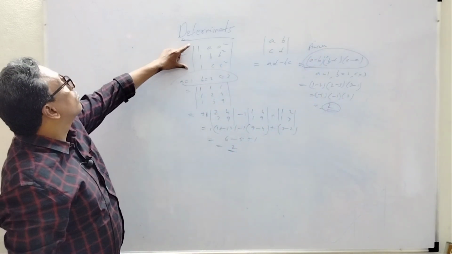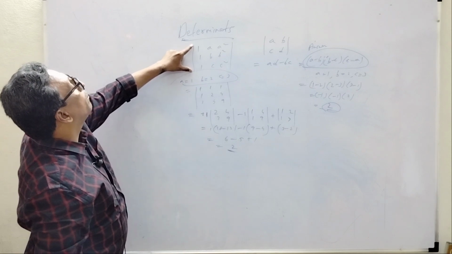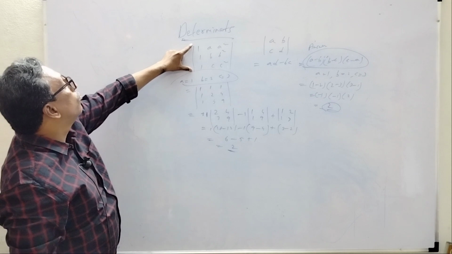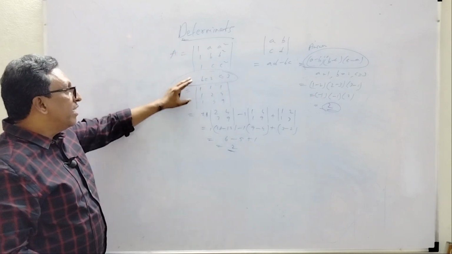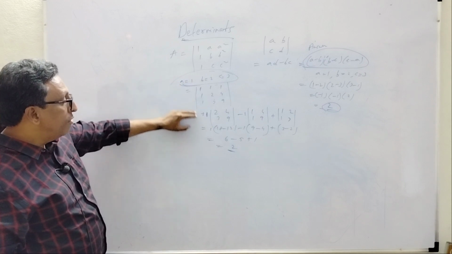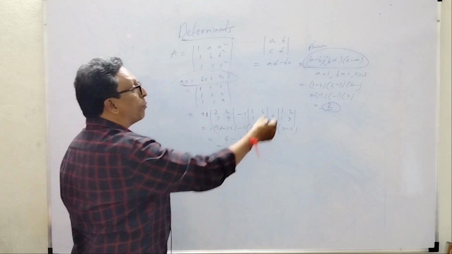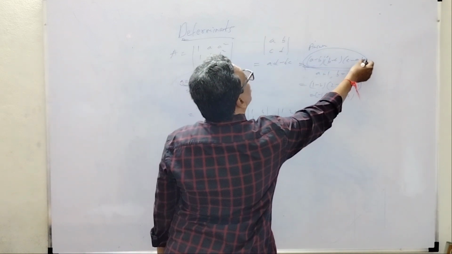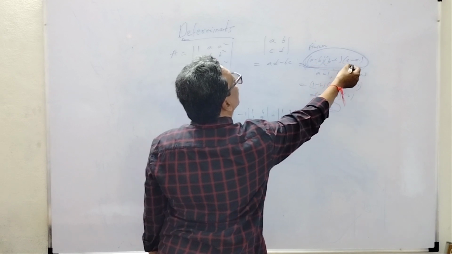This is the shortcut. However difficult the problem may be, no problem. We have to take the values a, b and c. After substituting the values, we will find the determinant, and then go to the multiple choice question. In the multiple choice, one option is (a minus b) into (b minus c) into (c minus a).